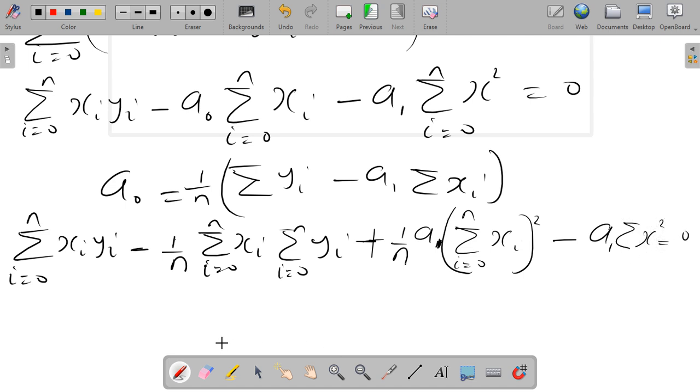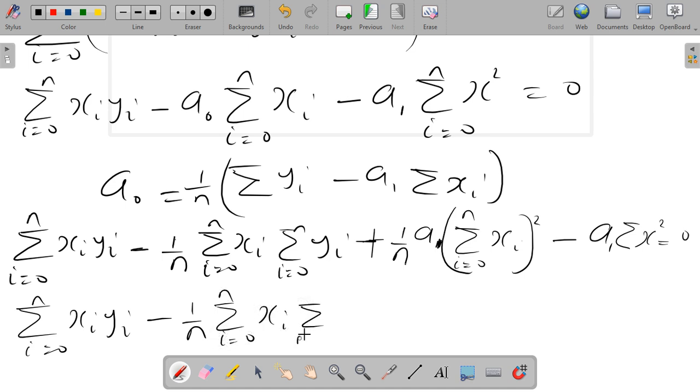So remember, we are interested in making a1 the subject of the formula, so we can factorize here. So I'm going to have the summation of i starting from 0 to n of your xi yi, then minus 1 over n, the summation of i starting from 0 to n of your xi, the summation of i starting from 0 to n of your yi.